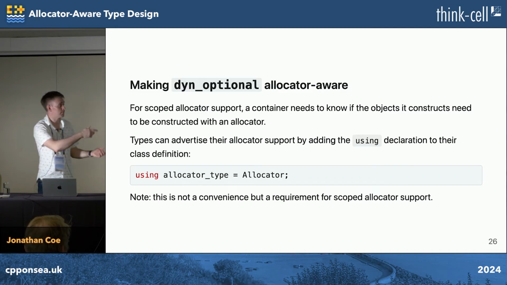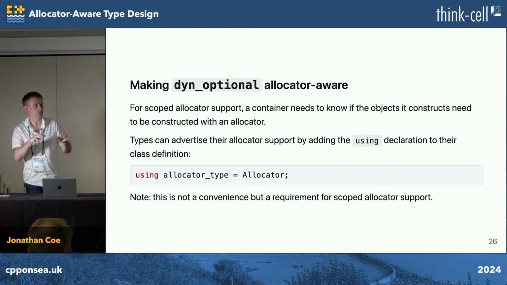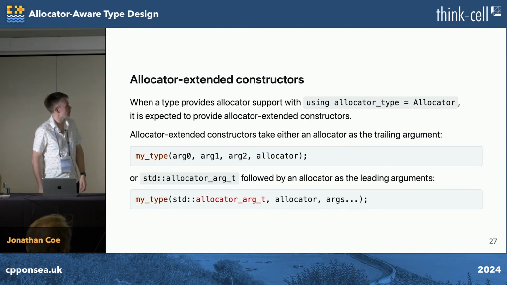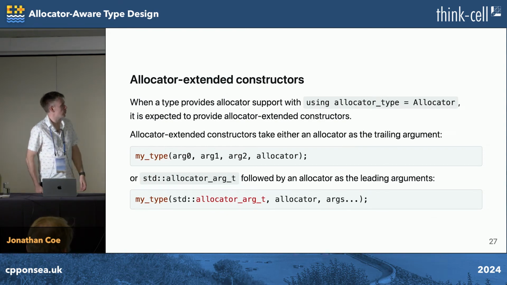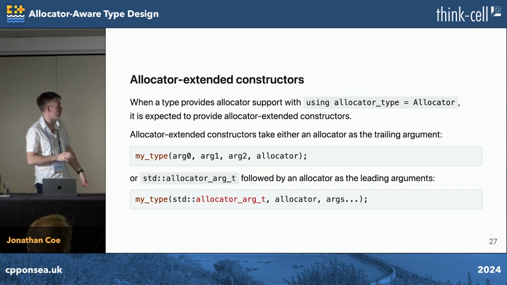Similarly, if you don't have this type def and haven't advertised allocator awareness, then it won't find your allocator extended constructors. Allocator extended constructors, what are those? So when we advertise support for allocators by defining this using allocator_type = allocator, we're expected to provide allocator extended constructors. So these can be in one of two types. I've picked the second type because it's more flexible.